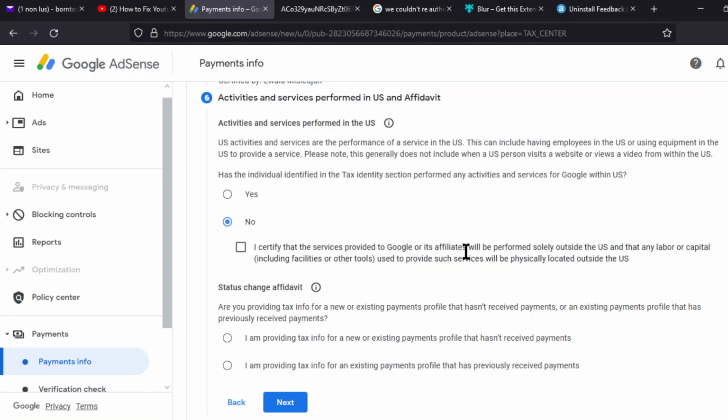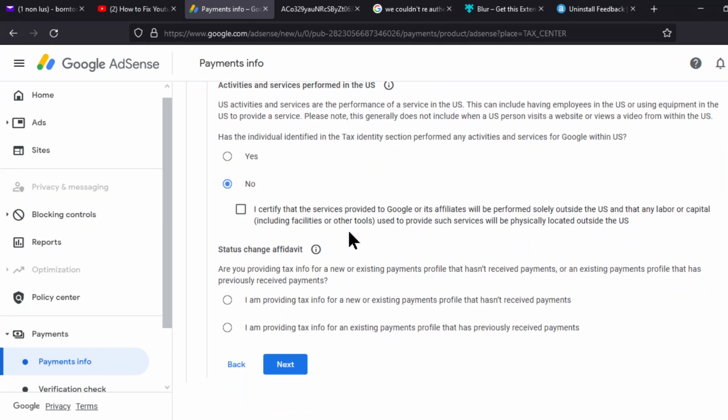I don't understand these people. I certify that the service provided to Google or its affiliates will be performed solely outside the U.S., and that any labor or capital, including blah.